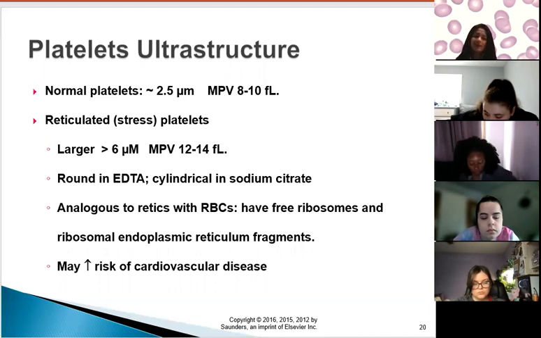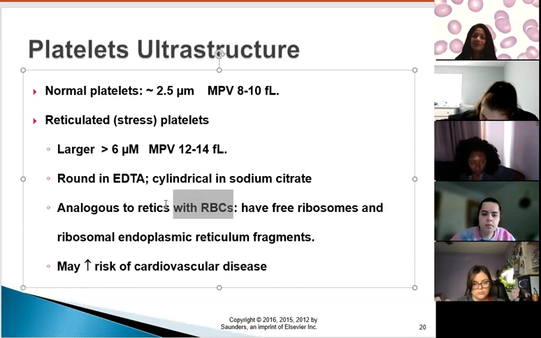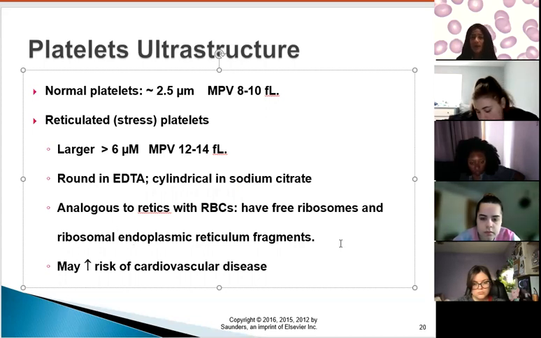They're called stress platelets. They're bigger than 6 micrometers in size, and the volume is a little bit bigger as well. They're cylindrical. They look like these red cells that we call reticulocytes. I'll explain that later, but they have ribosomes. They have free ribosomes and free rough endoplasmic reticulum fragments in them.